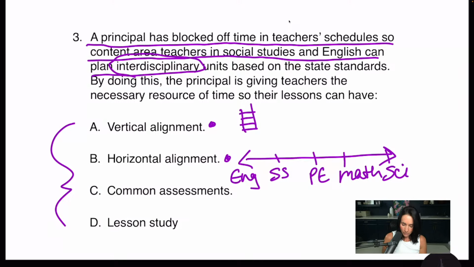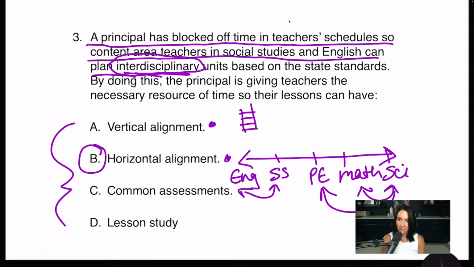When you have these teachers working together to plan interdisciplinary units so that they are supporting each other's content area, that is horizontal alignment. It is very powerful in increasing student achievement. However, teachers need to be given time to plan together, and we know that the funding and the time and everything else is getting cut more and more. So providing a space for this is very difficult.